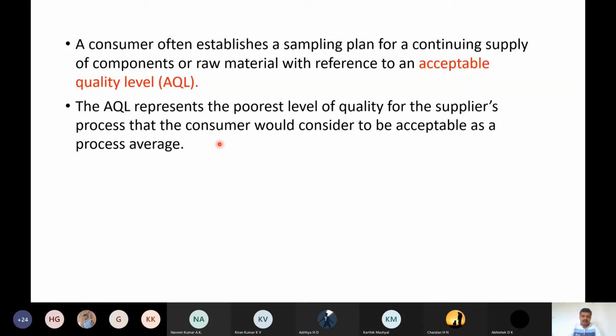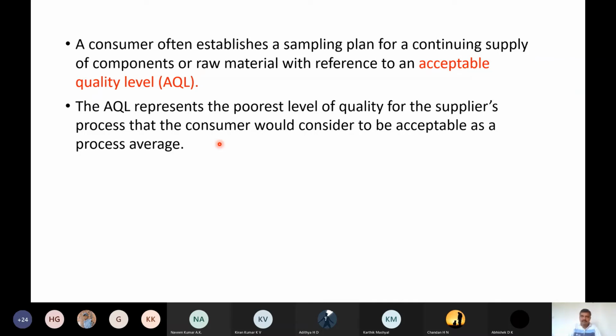So out of 1000, if there are 5 defectives, I will accept, or less than 5, I will accept. If there are more than 5, I will reject. So this is the benchmark set by the consumer himself, or the company which is procuring parts from suppliers. The company will set a quality level.